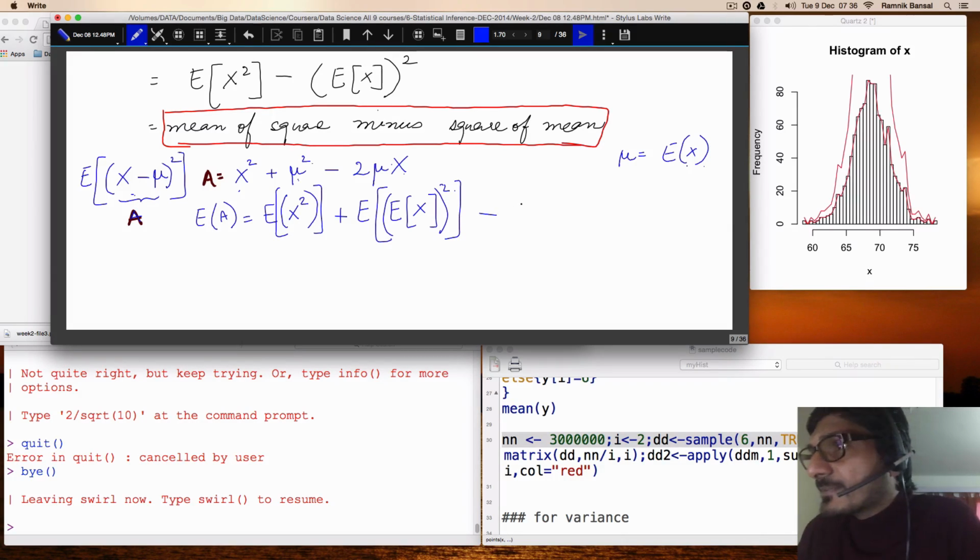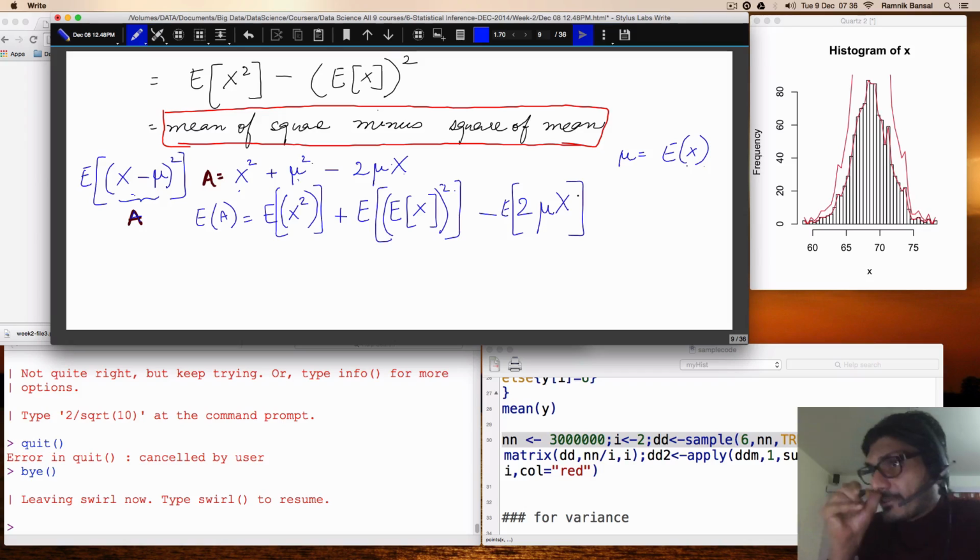Then I say minus 2 into expected value of 2 into mu into x. For now, let me keep it this way only.